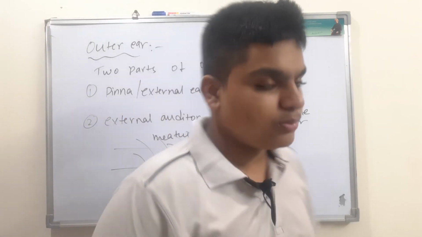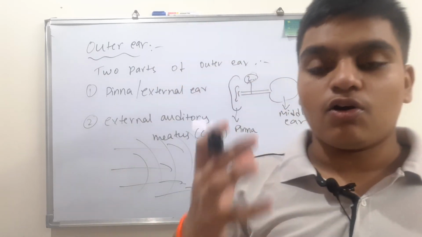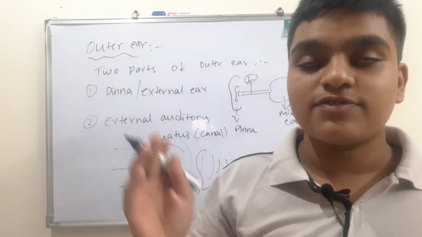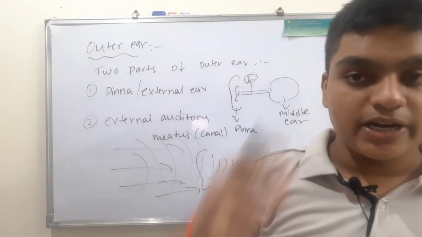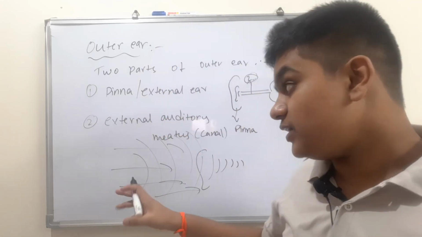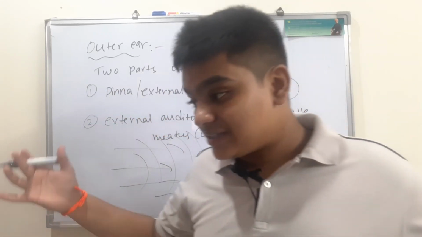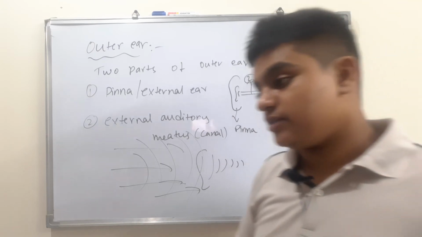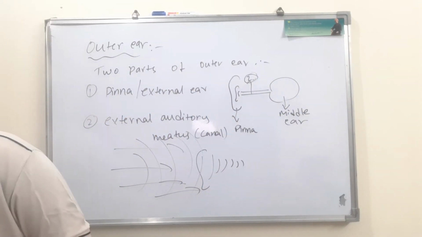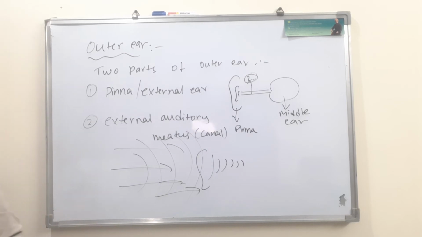You are listening to me, that is why all my voice vibrations or sound waves have been traveling in many directions, and those are being gathered together by the ear pinna. It collects all the vibrations in the air when sound is produced. Make a note of it.